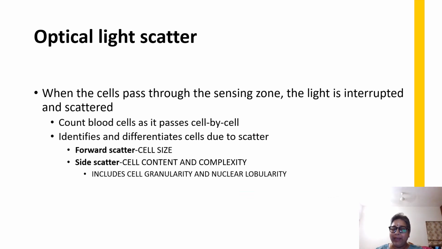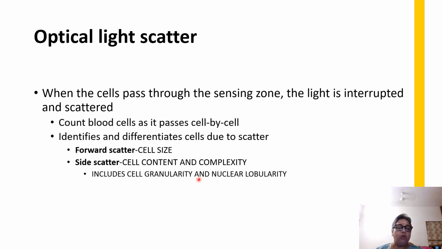So just to reiterate, when the cells pass through the sensing zone, the light is interrupted and it is scattered. When the cells pass one by one, that will give you the cell count. When it scatters, the forward scatter is based on the cell size and the side scatter is based on the cell content and the complexity of the cell, which will include the granules present inside the cell, the nuclear lobularity, and any other staining that you may use.